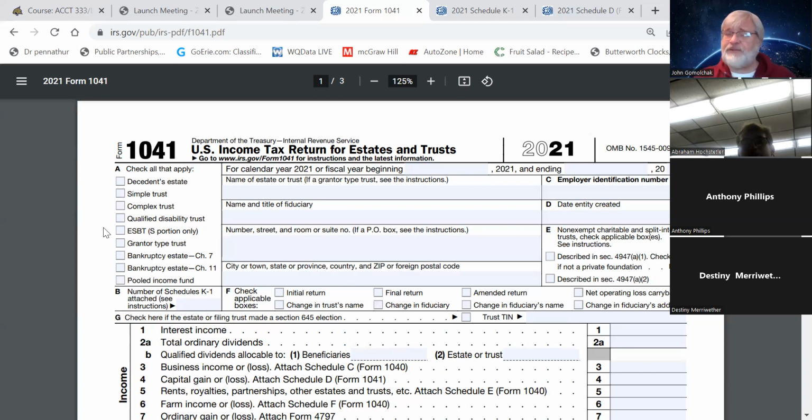If the beneficiary did not ask for that money, the trustee would not have distributed it, and it would have been retained in the trust. Okay, so a complex trust is a trust that may or may not distribute income. All right. A grantor type trust is something that we play with purely for tax purposes.